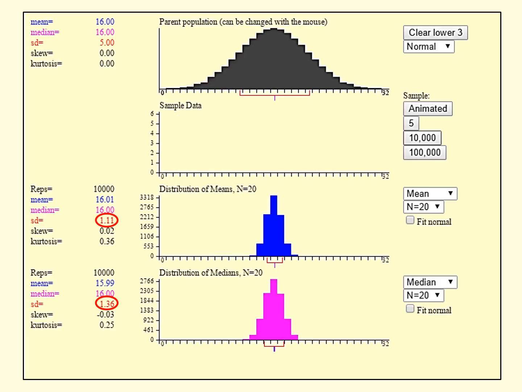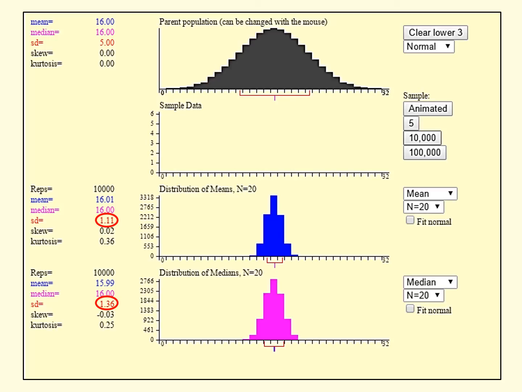We can also see, if we look at large numbers of samples, how the standard deviation of the sampling distributions differ. So here we've got a sample of 10,000, sample size 20 means and medians, and it might not be really obvious, so I've tried to highlight it here, but the standard deviation, or the standard error, because we're talking about sampling distribution, is slightly narrower for the mean than it is for the median.